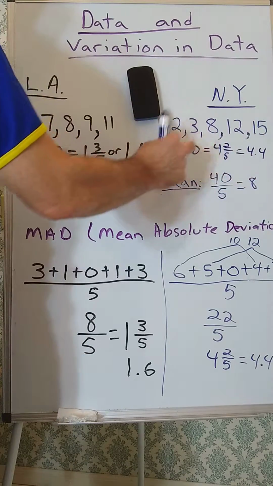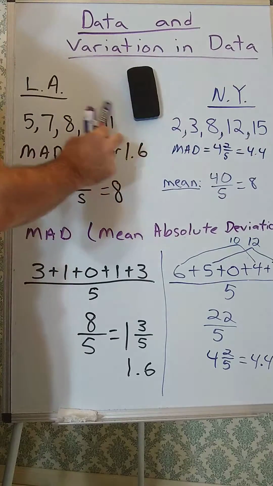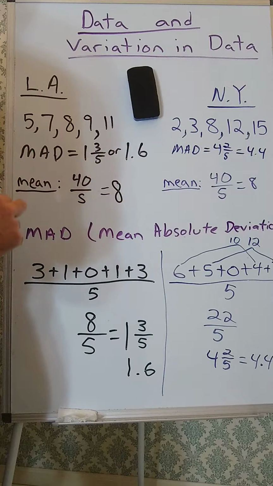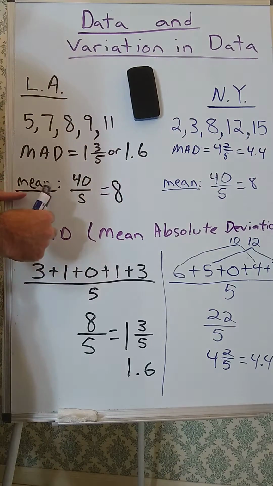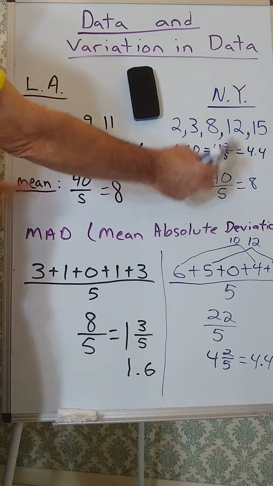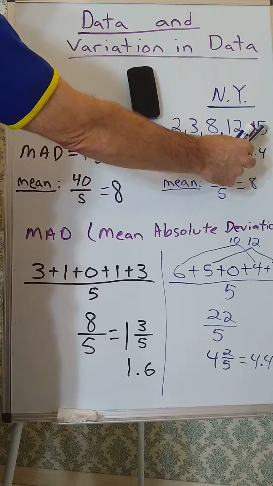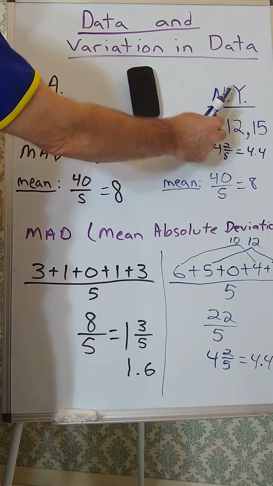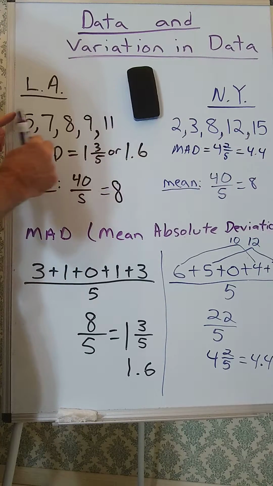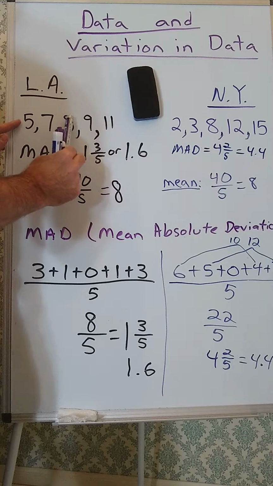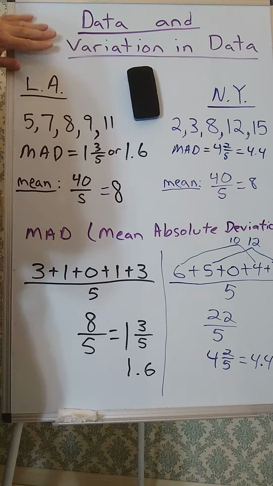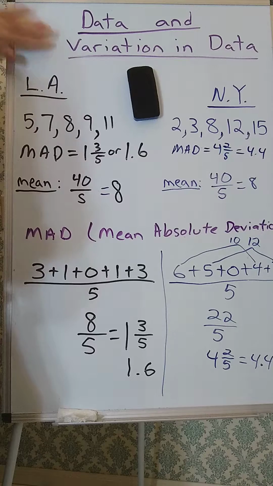There's more variation in this set of data than in this set of data. Yes, on average you would expect to pay $8 in either city for an ice cream, but there's a chance that you're going to be spending a whole lot more or a whole lot less in New York, whereas most of the prices are going to be very close to 8 in LA. And that's the idea of variation in data.